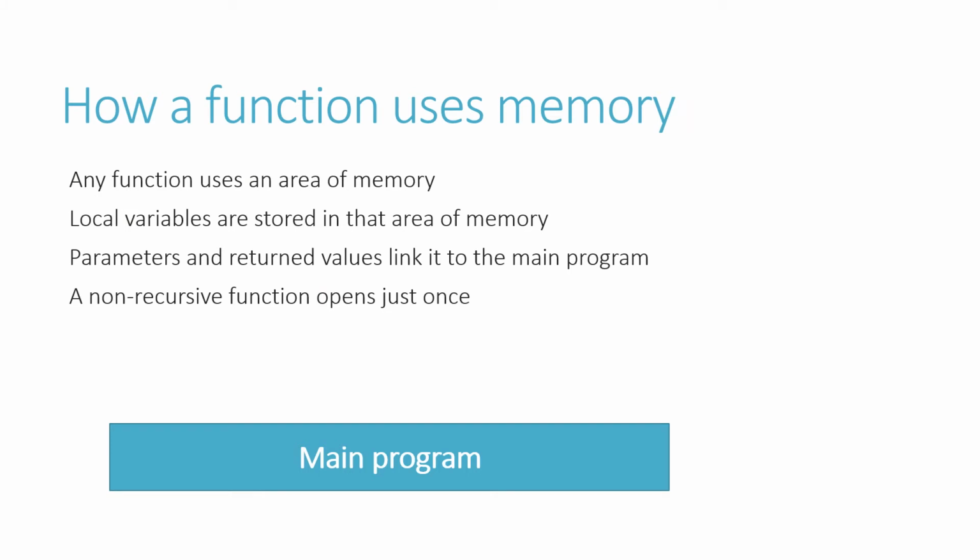We've looked before at how functions and procedures use memory inside the computer when they're run. And this is relevant to what happens when we do recursion. Any function opens a new area of memory and local variables are stored in that area of memory.